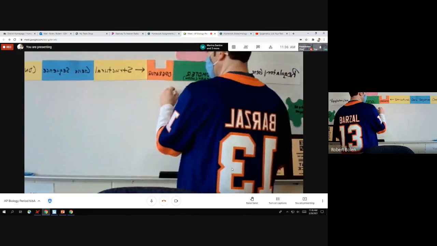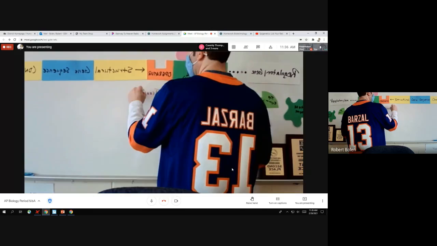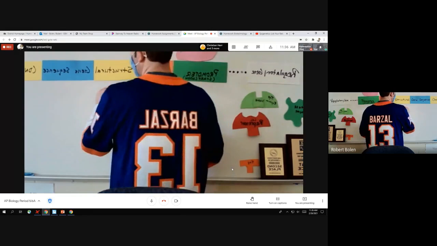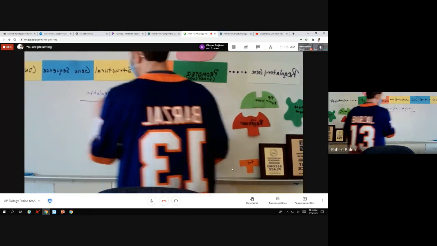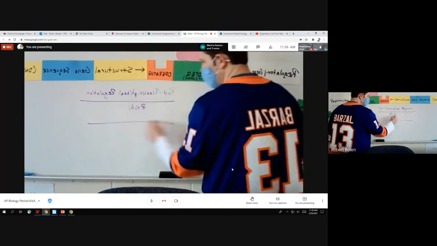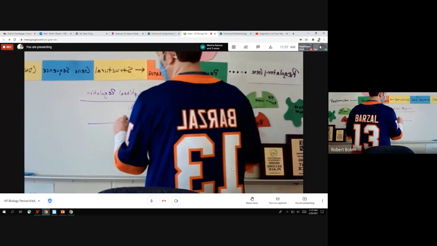So post-transcriptional regulation, right? That deals with RNAi. Okay, and there are two kinds of RNAi. There's the miRNA and the siRNA.